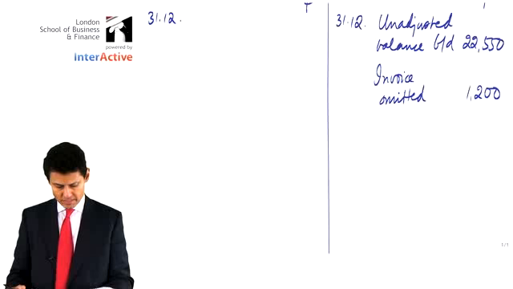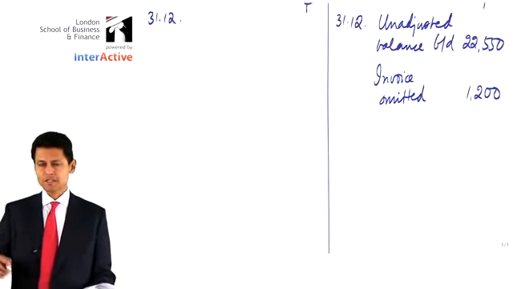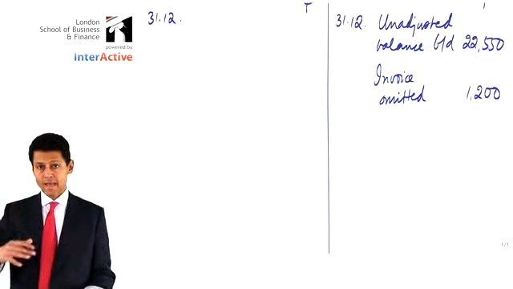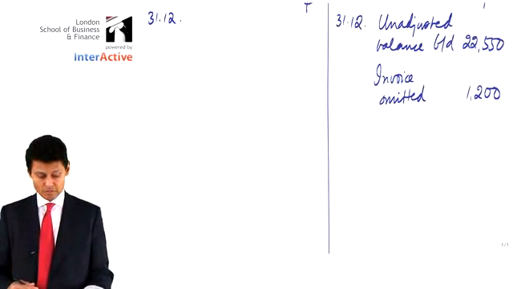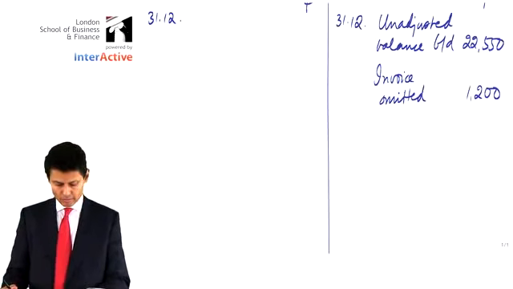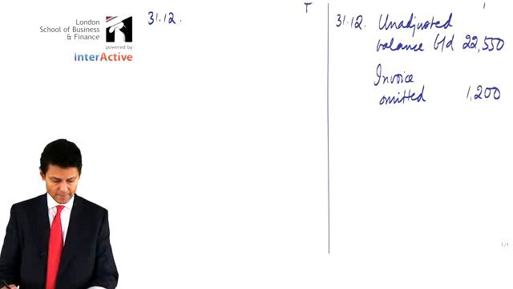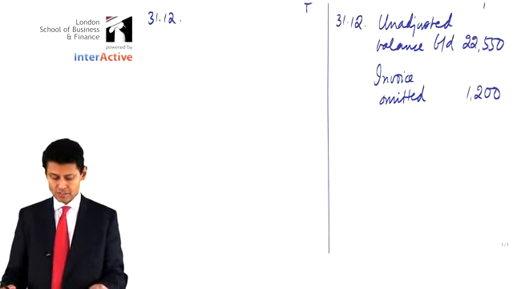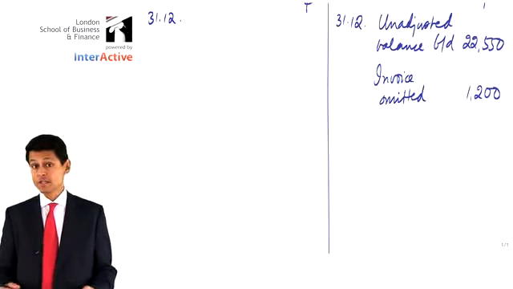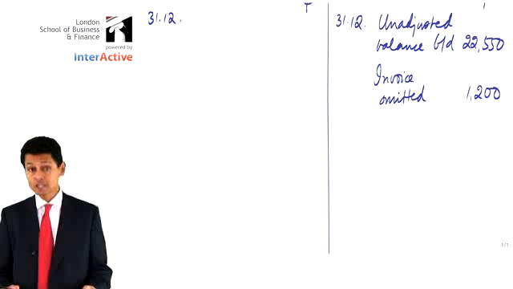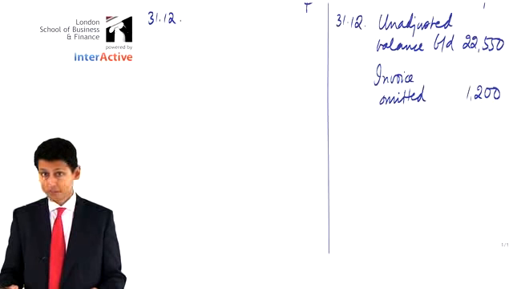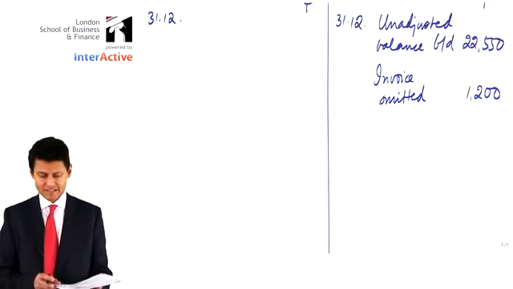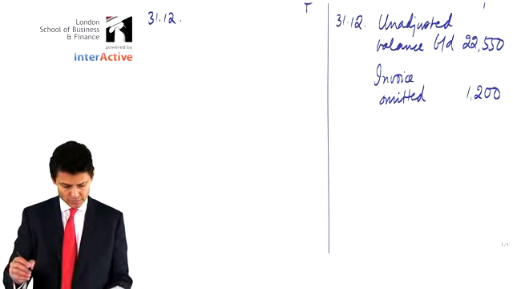Don't forget the purchase day book is added up, and the total is posted to the payables control account. It's overstated by 1,000. Too much went to the credit side of the control account. If too much went to the credit side earlier, how do we correct it? You're right, you've got to put it on the debit side. And that's exactly what I'm about to do.